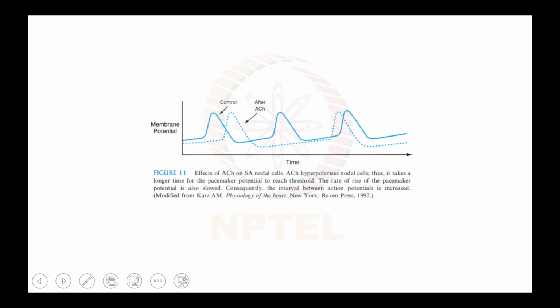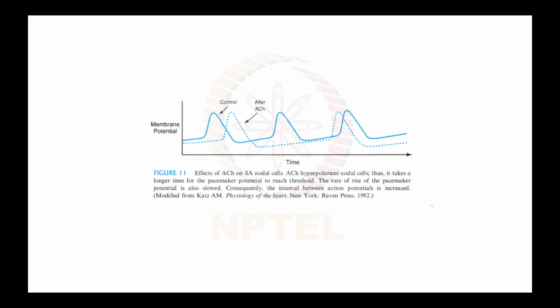So this is the graph showing the membrane potential. This is the control, where you can see the heartbeats in the form of membrane potential, and after acetylcholine binding, in this particular time period in the control sample you can see 3 peaks generated.